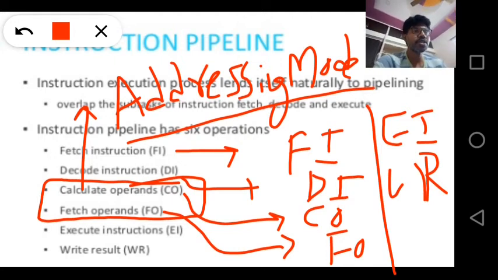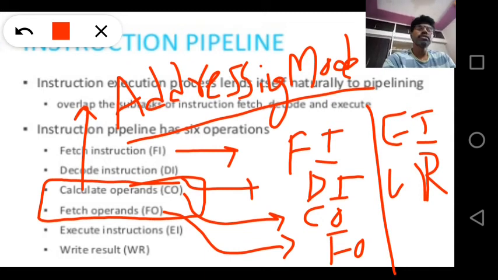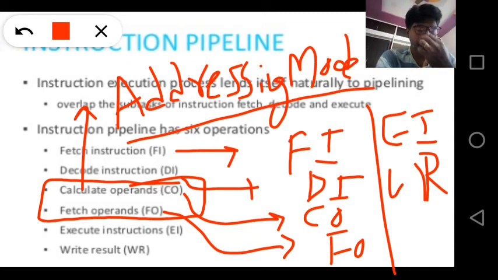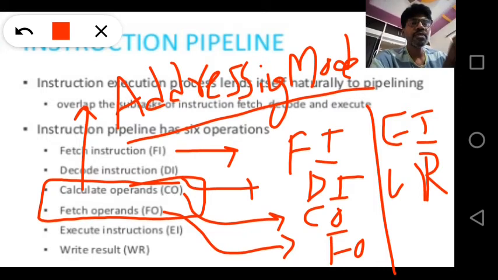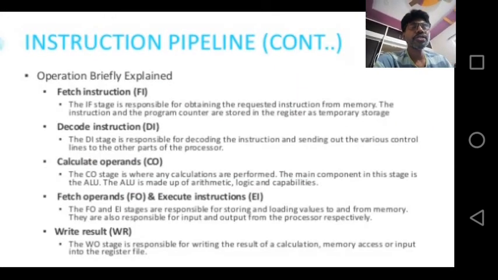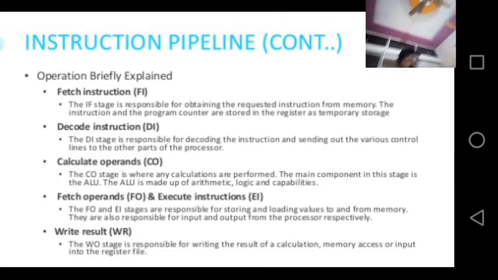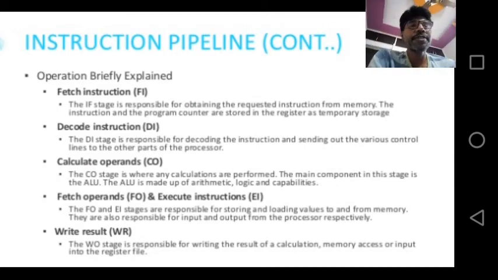So these two stages are related to operands, fetching of operands. Before fetching of operands, we should identify the type of addressing mode they use. Next we see how the instruction pipeline can be implemented over here.